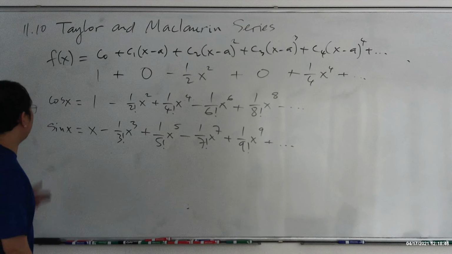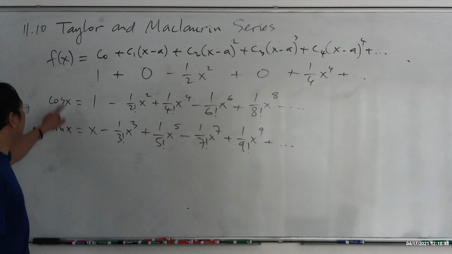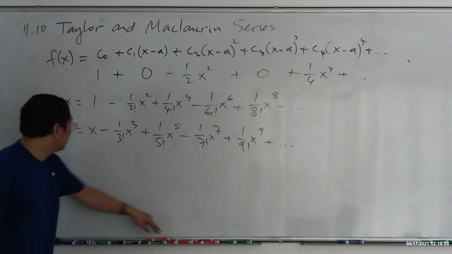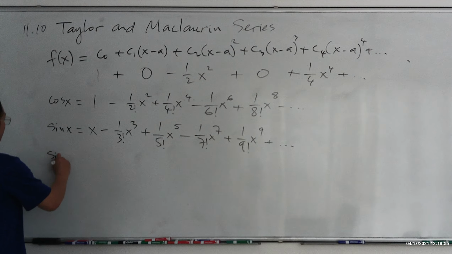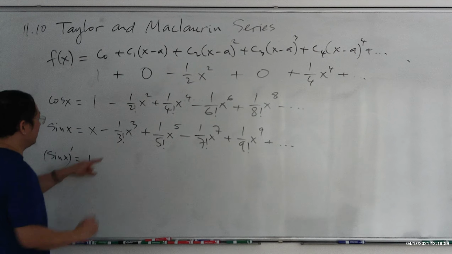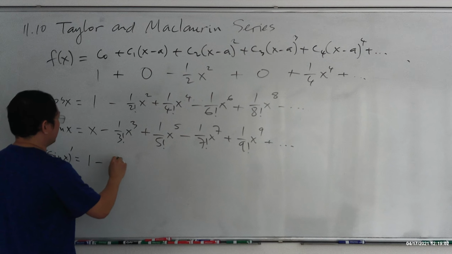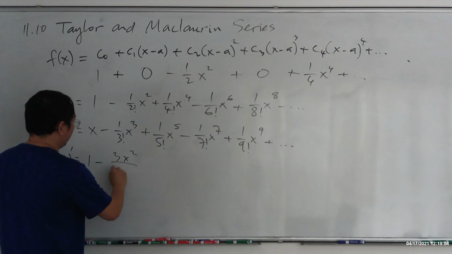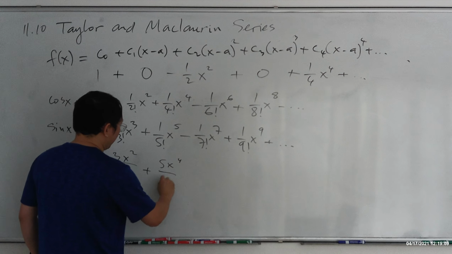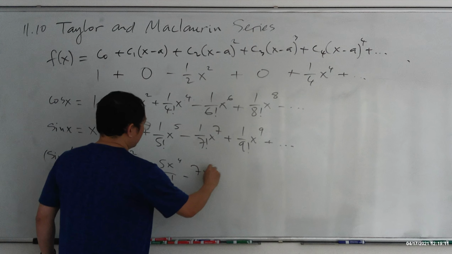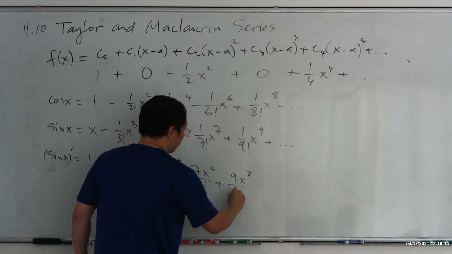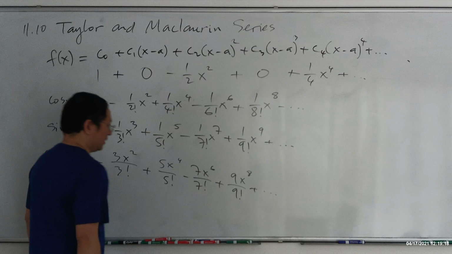And you can check for the problem to see if it's true. You know what? The derivative of sine is cosine, right? The derivative of cosine is negative sine. So let me take the derivative of sine x. The derivative of x is 1. The derivative of this is going to be minus 3x squared over 3 factorial plus 5x to the 4th over 5 factorial minus 7x to the 6th over 7 factorial plus 9x to the 8th over 9 factorial, and so on.